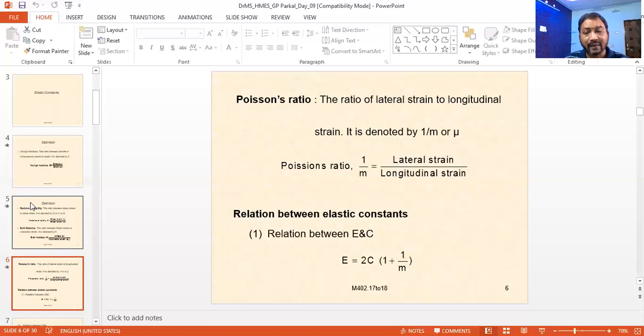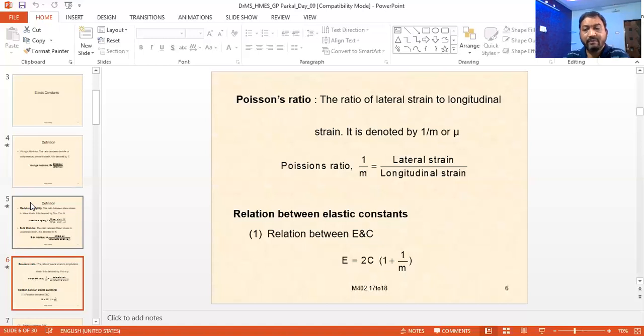Here the Poisson's ratio is a ratio of strains, the lateral strain and the longitudinal strain, and so it does not have any units. It is only a constant value. The Poisson's ratio remains constant for a particular material, and it is material specific, but it changes from one material to another.